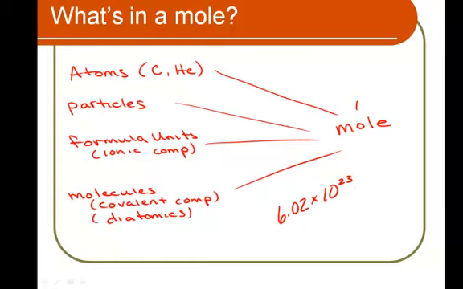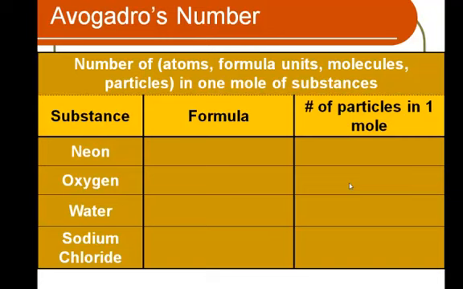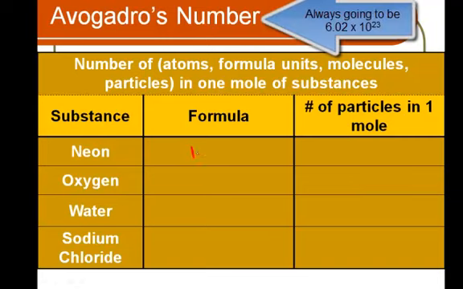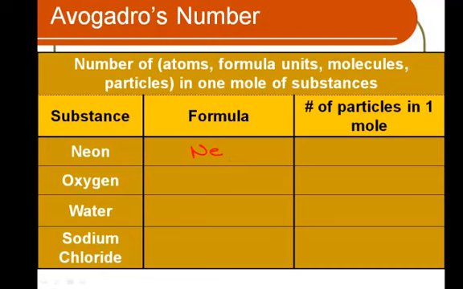So let's take a look. If we're talking about neon, the formula for neon is Ne. So how many neon atoms would be in one mole? 6.02 times 10 to the 23rd neon atoms in one mole. What about oxygen molecules? Well, oxygen, O2, would also have 6.02 times 10 to the 23rd.